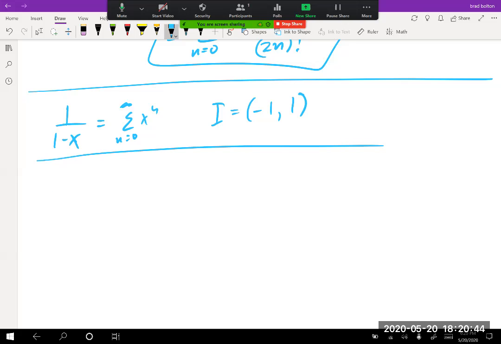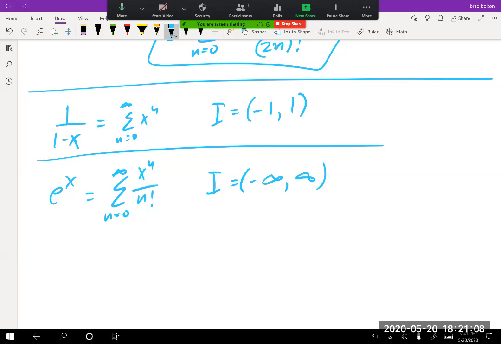Let's do e to the x, which we just did. e to the x will be n equals 0 to infinity of x to the n over n factorial. And the interval of convergence for this is from negative infinity to positive infinity, meaning that this is a good representative of the function if you give me an infinite amount of terms, pretty much everywhere on the number line.